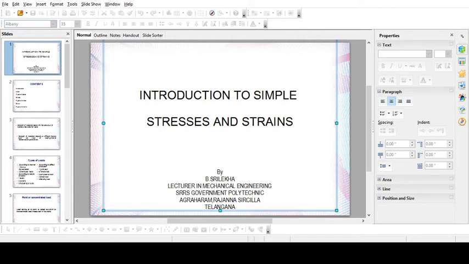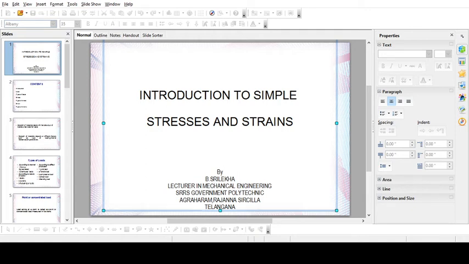Next, strain. What actually is strain? Strain is simply deformation. When a direct load is acting on a body, it will undergo certain deformation. For example, if we take a tensile load, the body will undergo increase in its length.